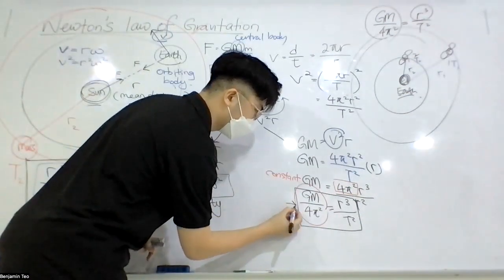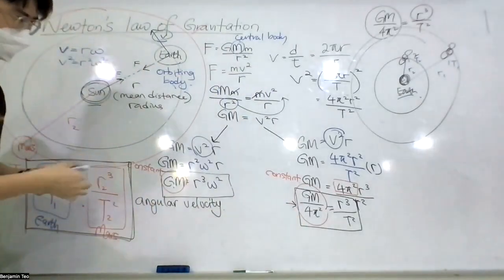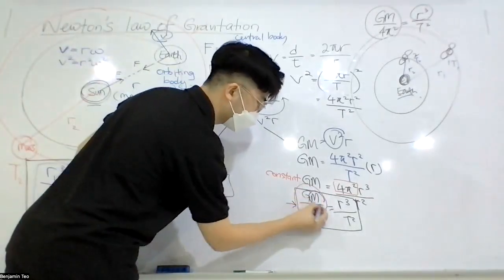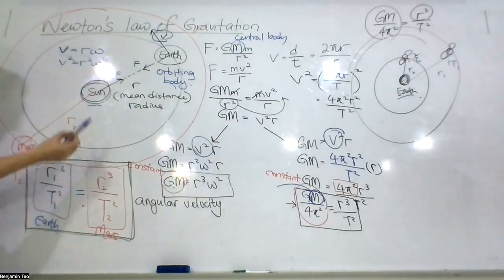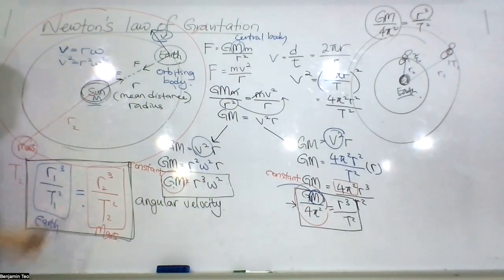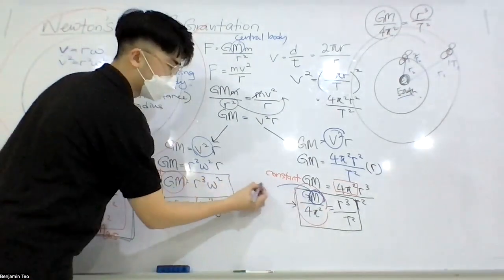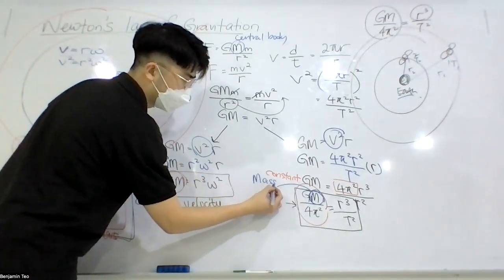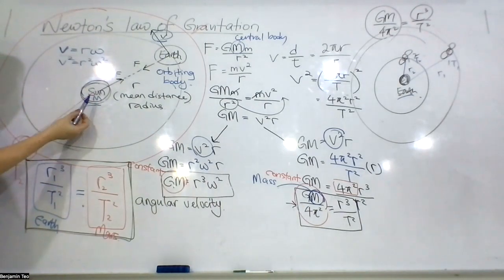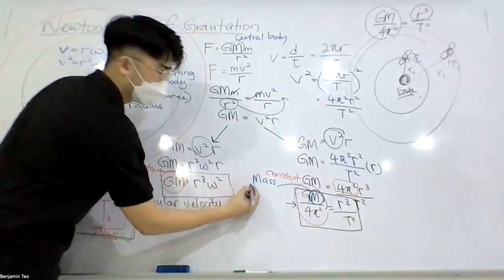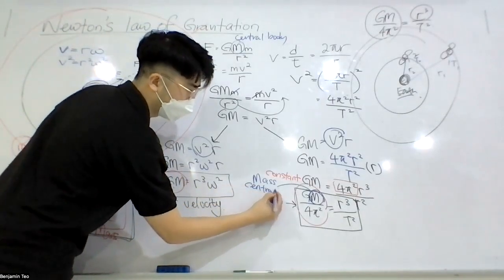This one. Whose M is in this? The mass of the Sun. This is the mass of the Sun in this example. Or should I say the mass of the central body? Mass of central body.